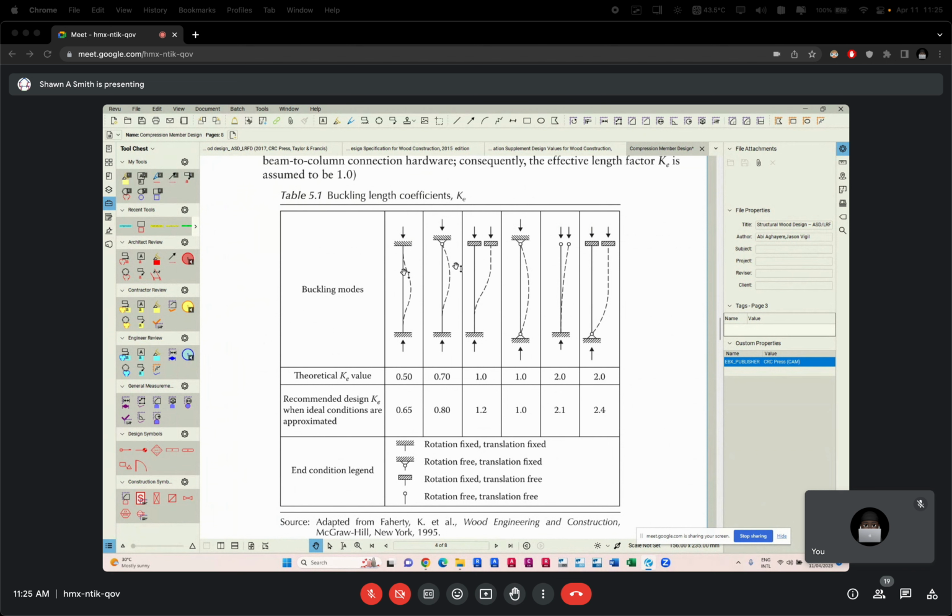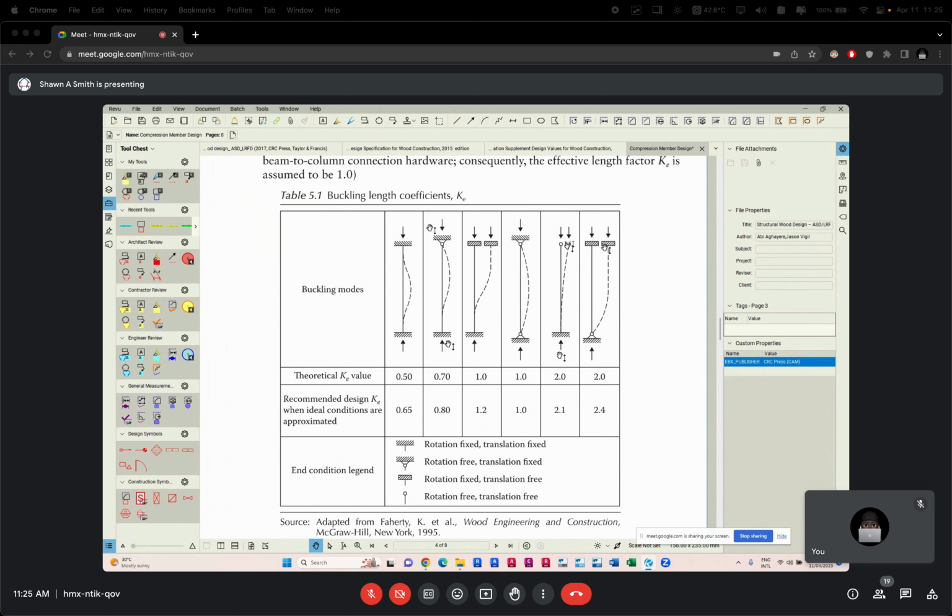Fixed-pinned, fixed-fixed, fixed-free, pinned-pinned, fixed-free again, which is a different type of fixed-free, when rotation is allowed. And this is a pinned-fixed, when it can move sideways.